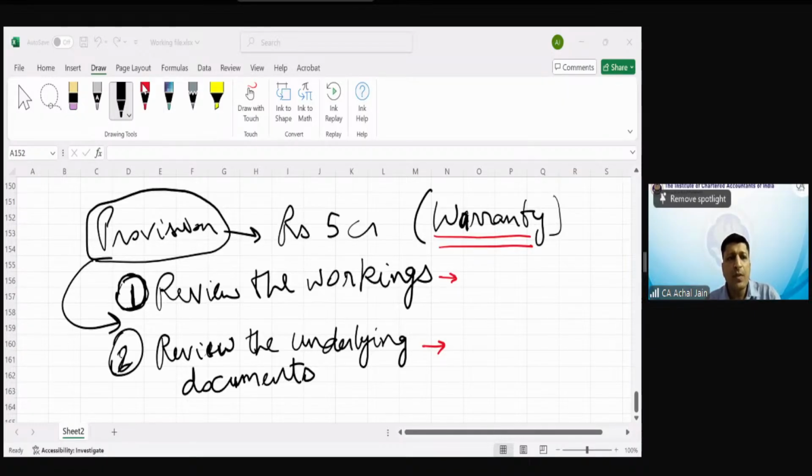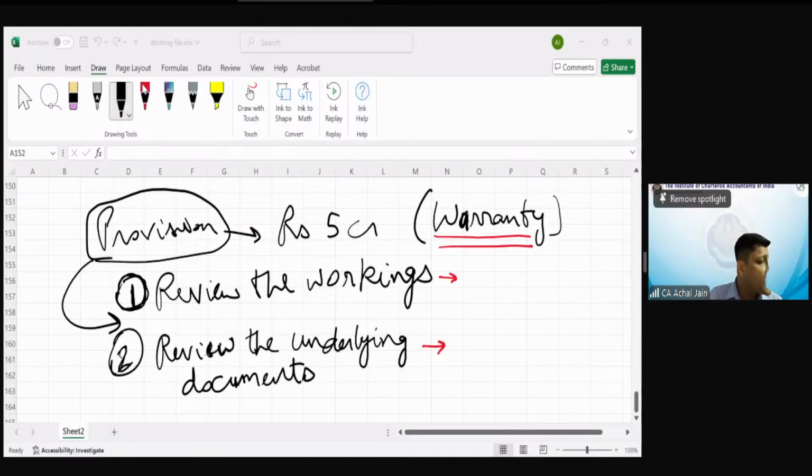Which assertion has been taken care of by reviewing the workings? Over to you. Which assertion do you think has been covered by the auditor? Over to you, quickly.